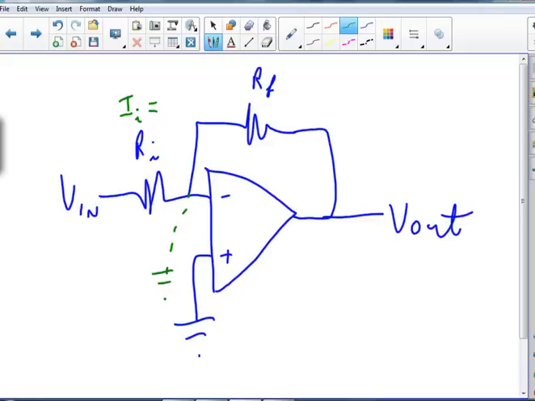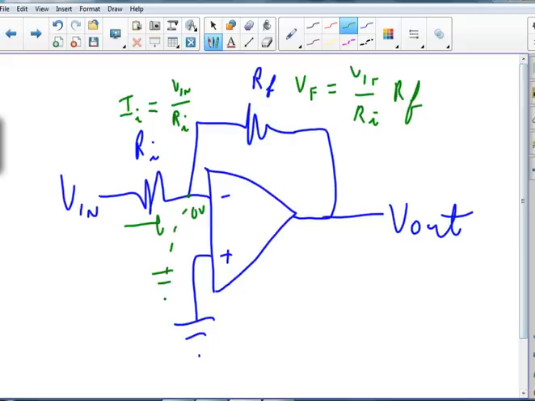Let's see, V is equal to IR, so the current has to be voltage in divided by resistance in. Okay, so that's the current flowing through that resistor. And right here, I'm at 0 volts. What is the voltage drop across the feedback resistor? The voltage across the feedback resistor has to be the current, Vn divided by Ri, times Rf.